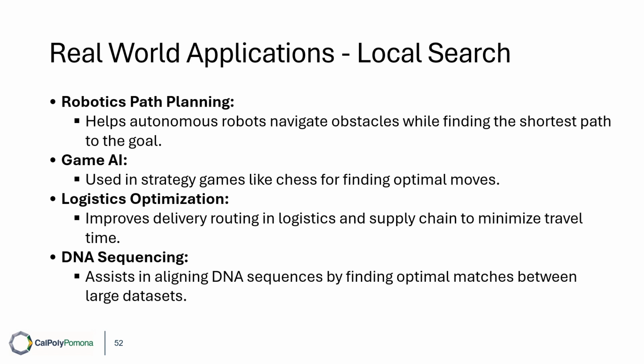It also helps improve delivery routing in logistics and supply chain industries to help minimize travel time. Lastly, kind of going back to the topics we discussed earlier, in DNA sequencing, it helps assist in aligning DNA sequences by finding ideal and optimal matches between large data sets.